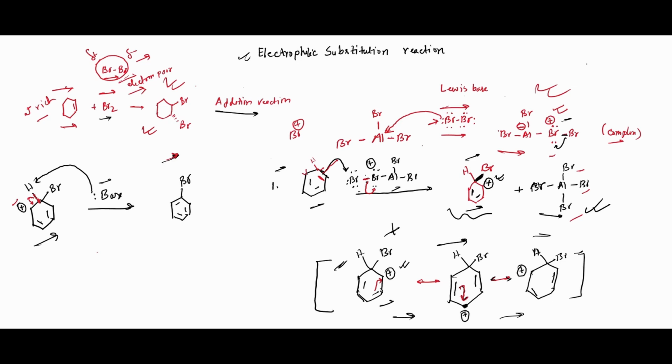And I actually forgot to do one thing here. We actually still have a negative charge on this aluminum, right? Because that's not gone. It still has an extra bond with one of the bromine atoms. So now this will act as a base, right?